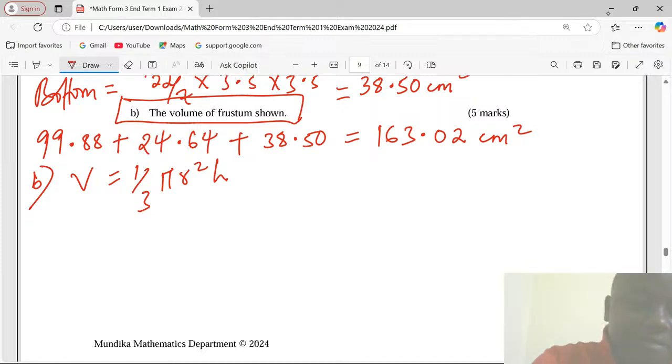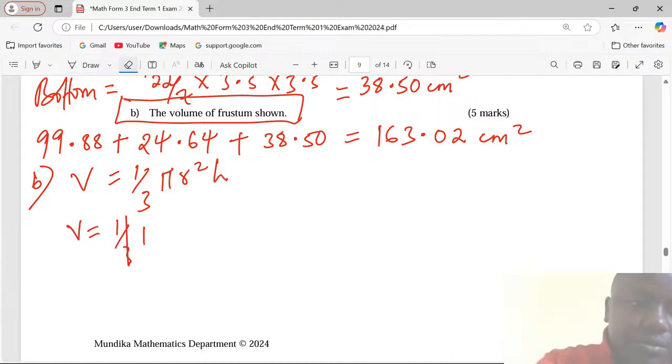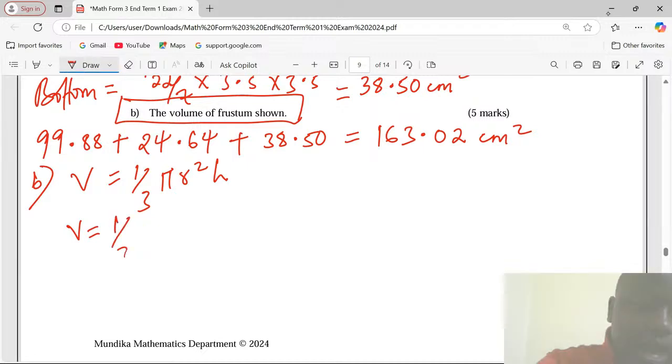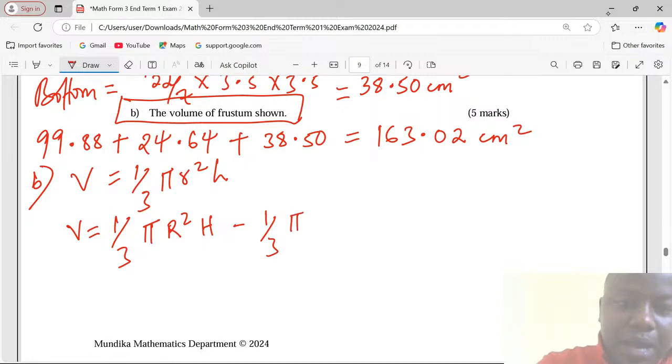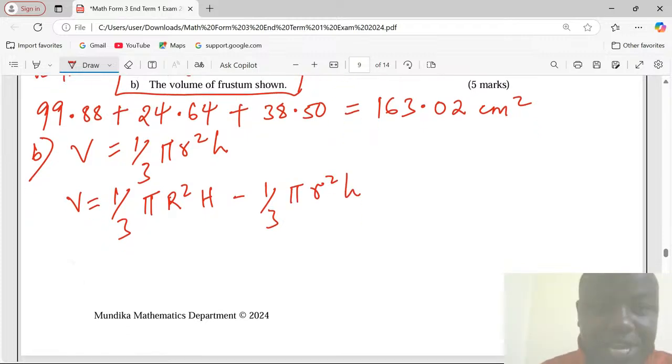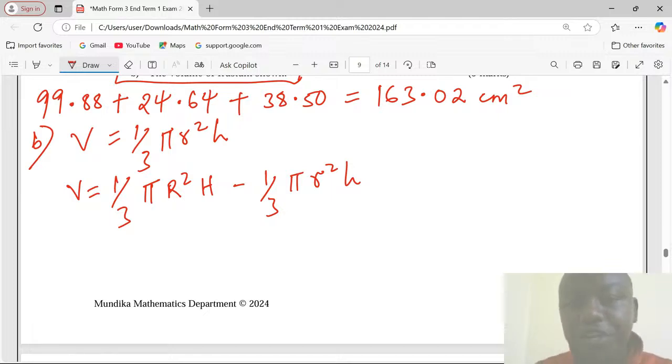Now, this one being a frustum cut from a cone, we need a third pi R squared H, then we subtract a third pi r squared small h, so that we get the volume of the original cone minus the volume of the smaller cone which was cut off.